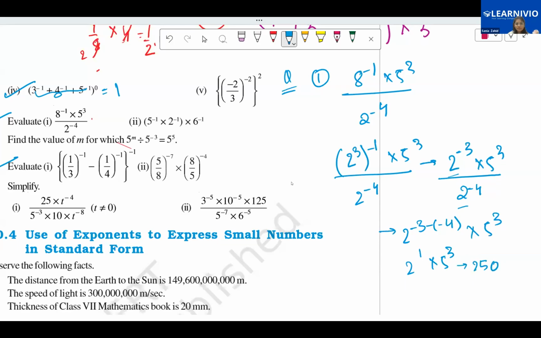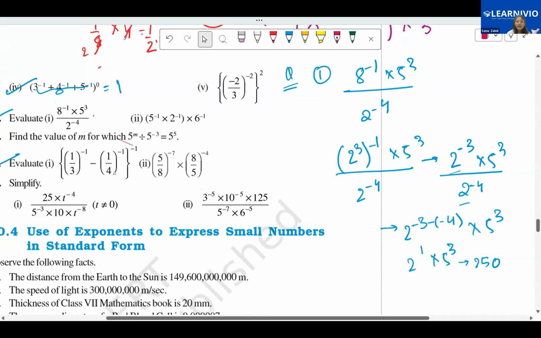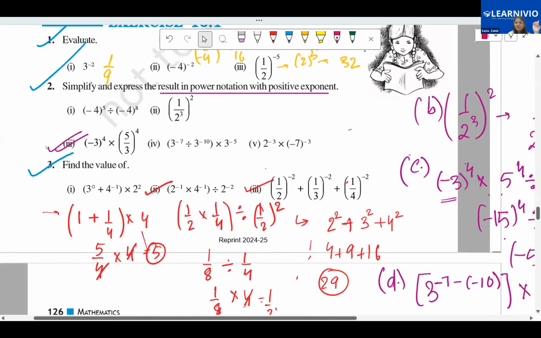Ma'am, can you also leave it as it is? Do we have to solve this entire thing? No, you have to solve it. What it is written, you have to evaluate. Okay, ma'am. See, I always tell you to solve the entire thing because sometimes the teacher might be expecting you to solve the entire thing. Sometimes she's expecting you to write the answer in fraction. When it is specifically written, for example, in the second question, it was written that you have to write your answer as exponent.